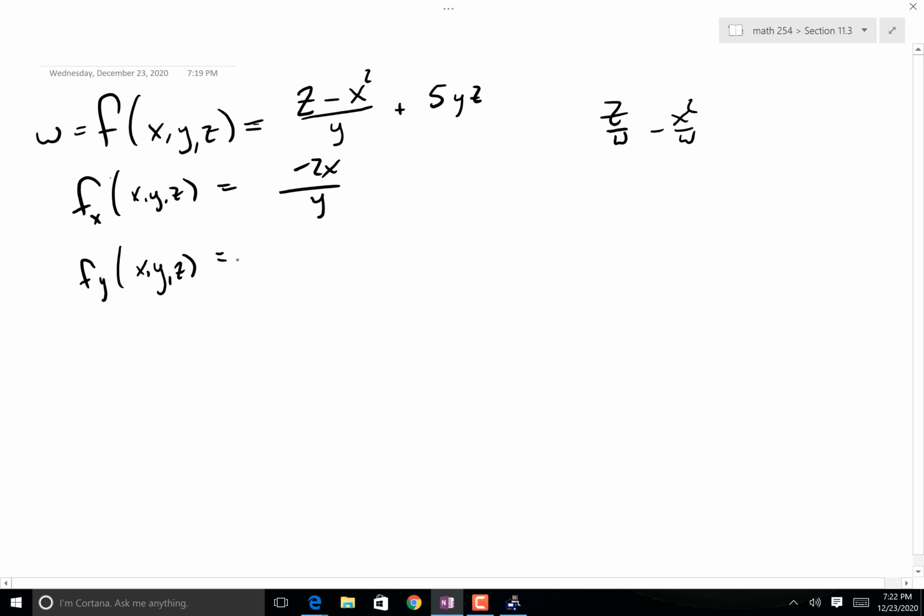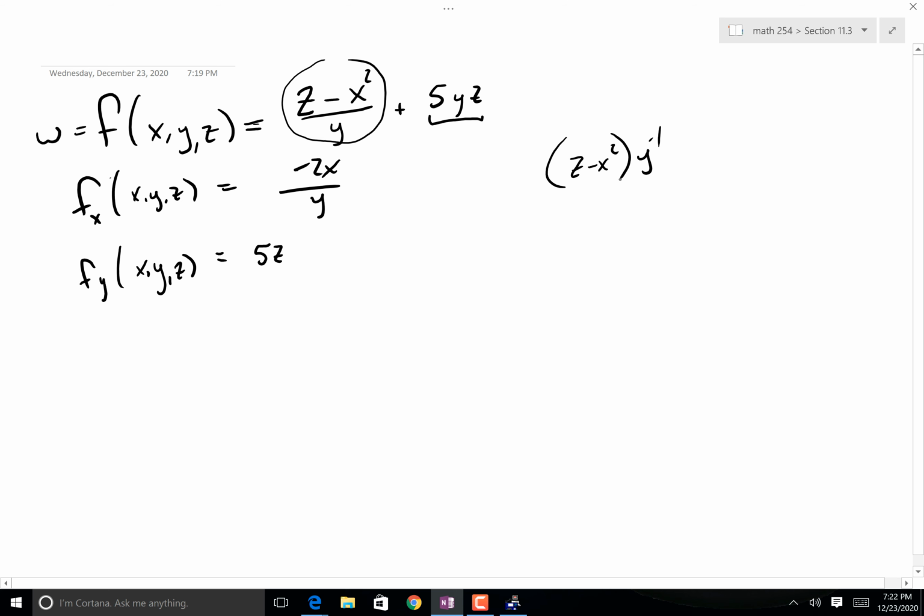All right. Now, with respect to Y, this is going to be gross, so I'm going to start with the easy part first. With respect to Y, that's just 5Z because those are just constants. This piece here looks uglier than it is. It's really Z minus X squared times Y to the minus 1. Am I right?